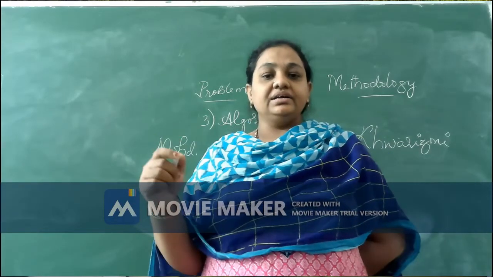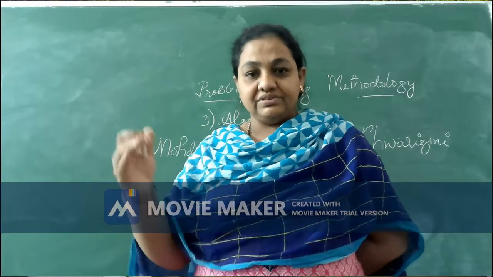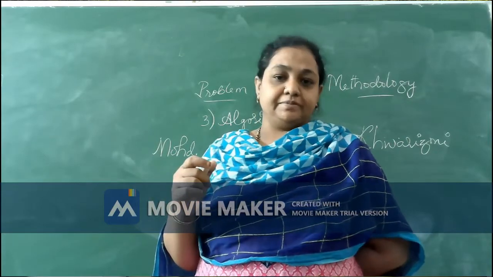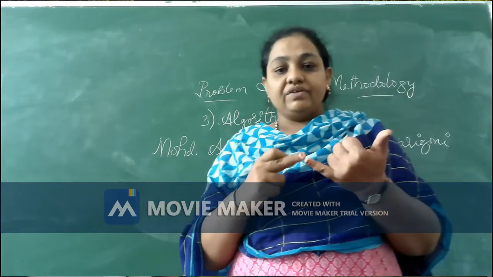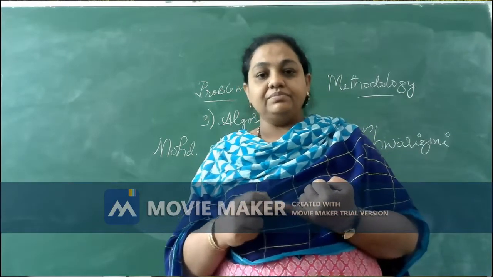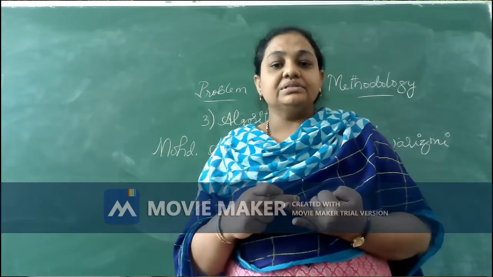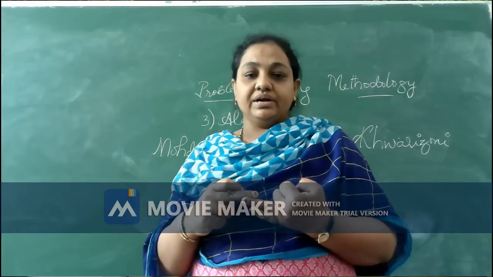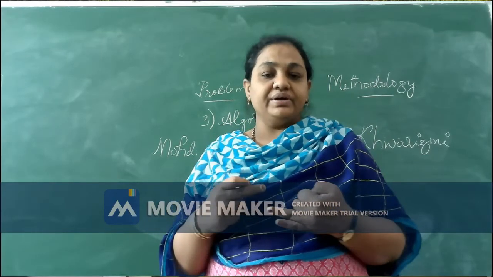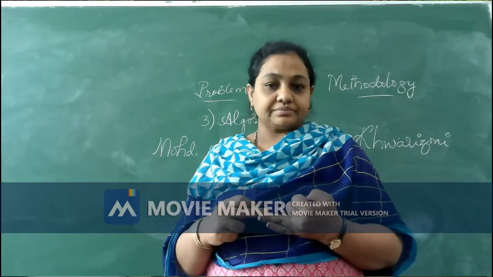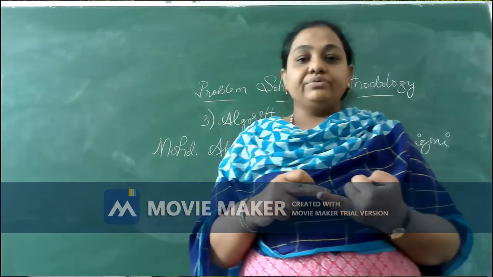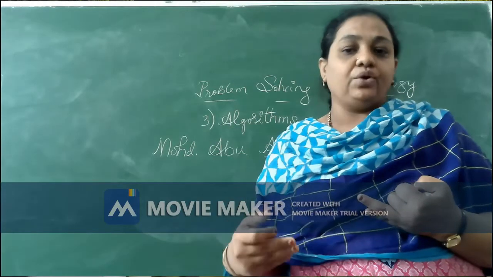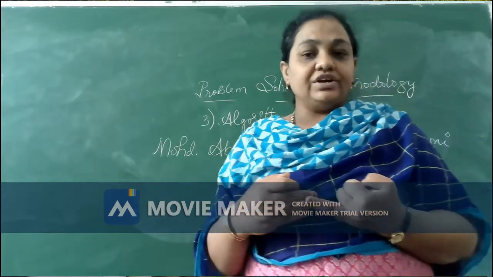So algorithm, in the 9th century, an Arabic poet and mathematician developed a process of writing steps, and that is known as algorithm. Algorithm is named after Muhammad Abu al-Jafar Khwarizmi.